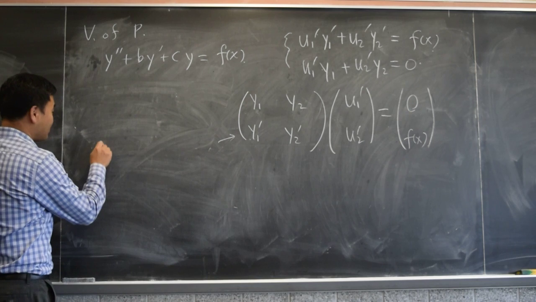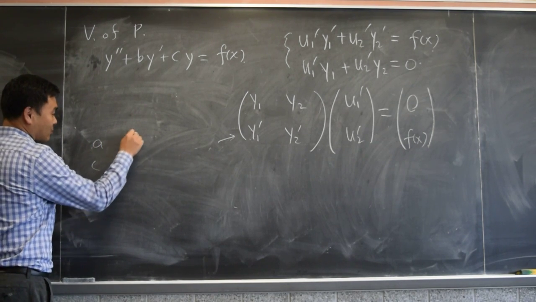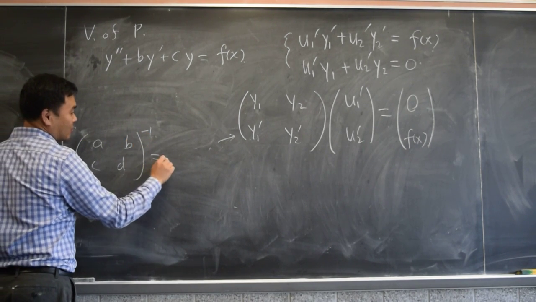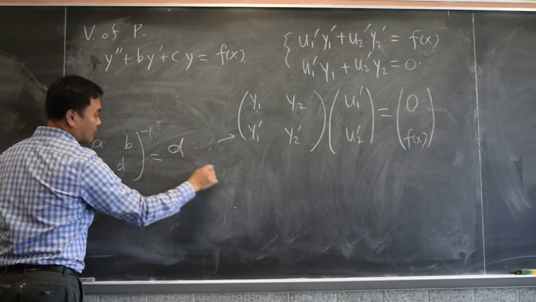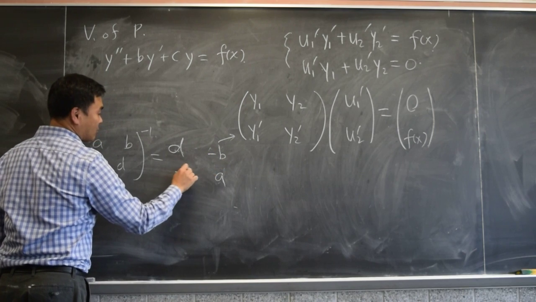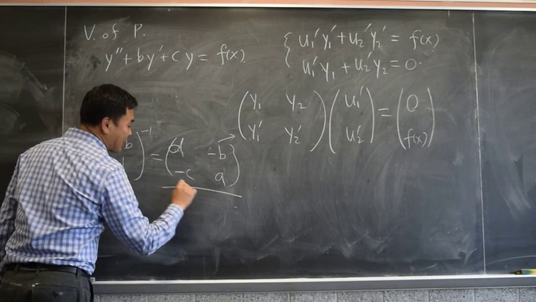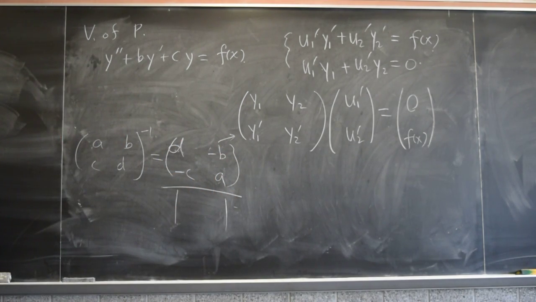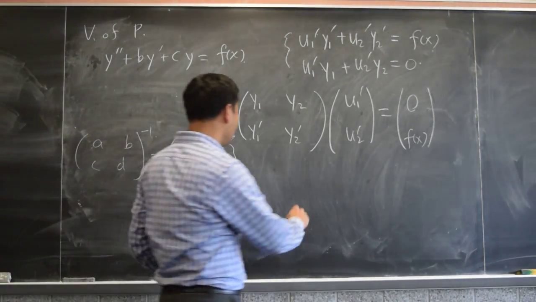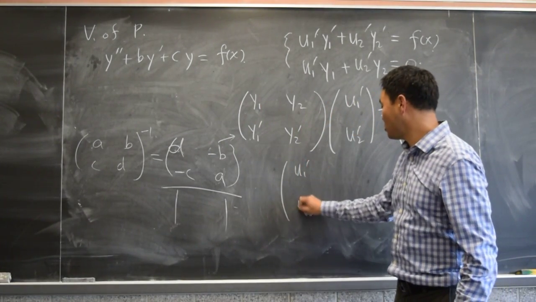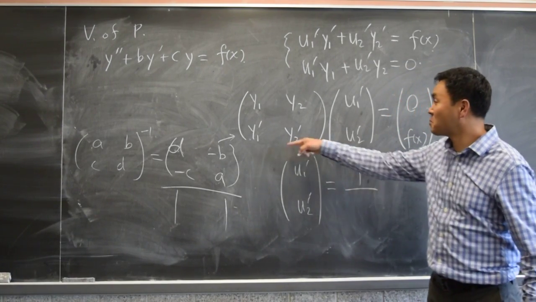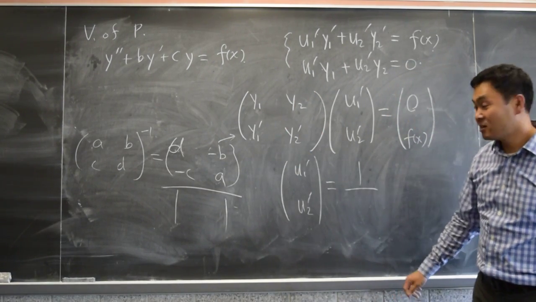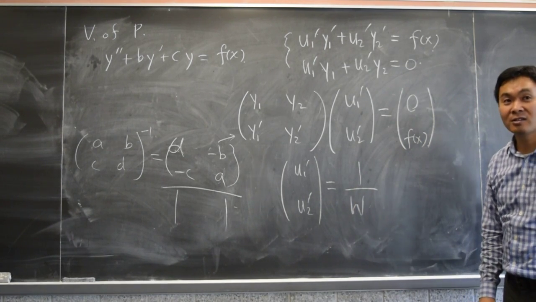Do you remember the inverse of a, b, c, d? It's d, negative b, negative c, a, divided by the determinant, right? So if you apply this rule, you end up saying u1 prime, u2 prime equals 1 over the determinant. But what's the determinant of this? That's the Wronskian, okay?